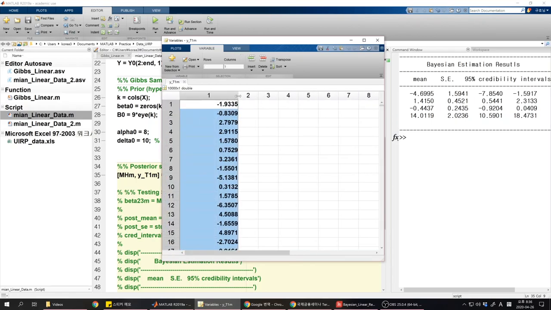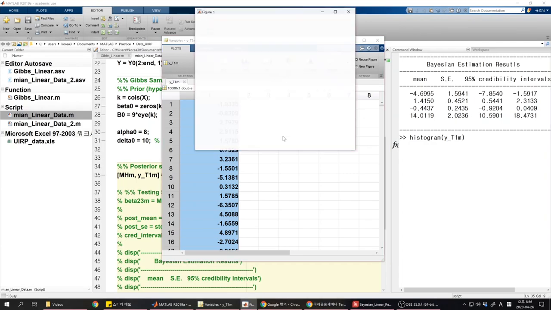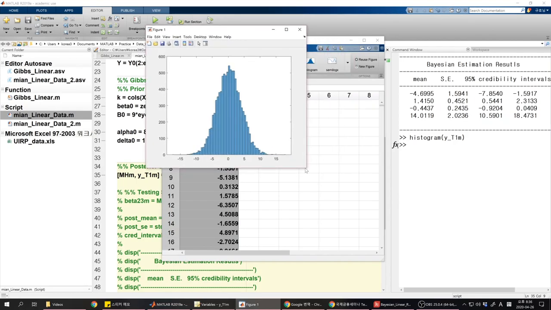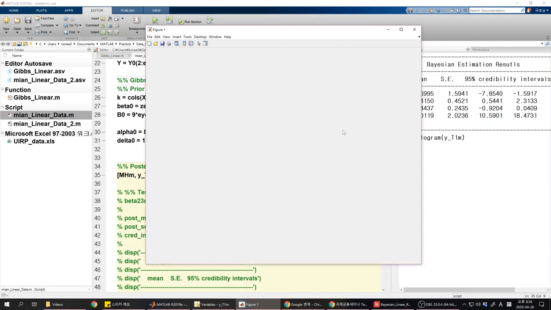Yes, we have it here, and I want to plot the distribution of this y_cap_t+1, and of course we have to use a histogram. It should be coming up in a second. Yes, we have it here. So this is our predictive distribution of one period ahead depreciation rate.